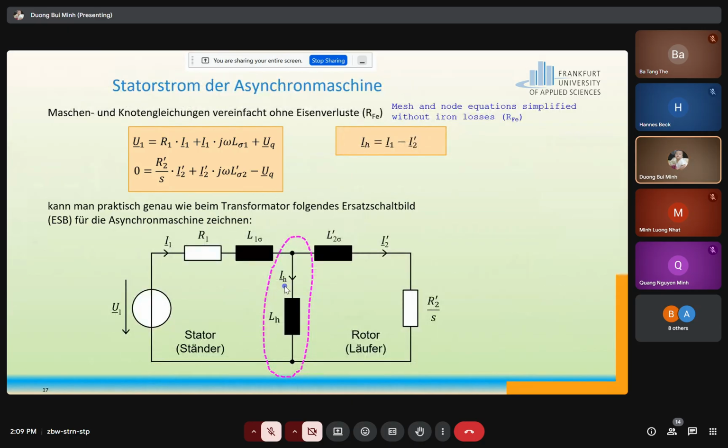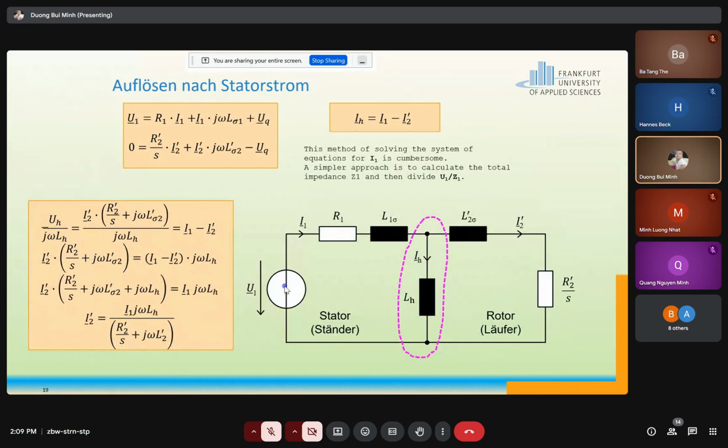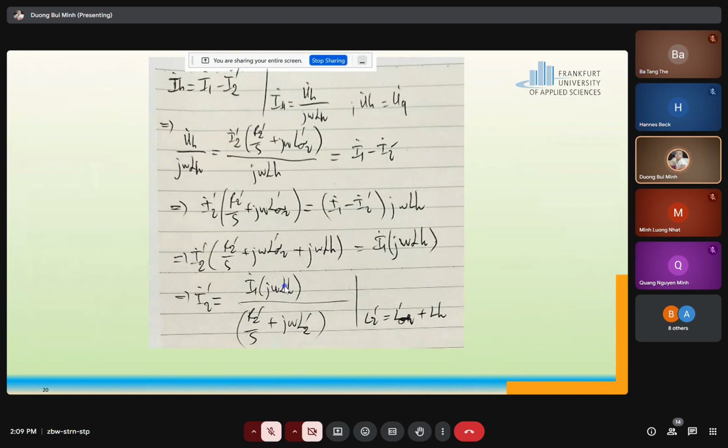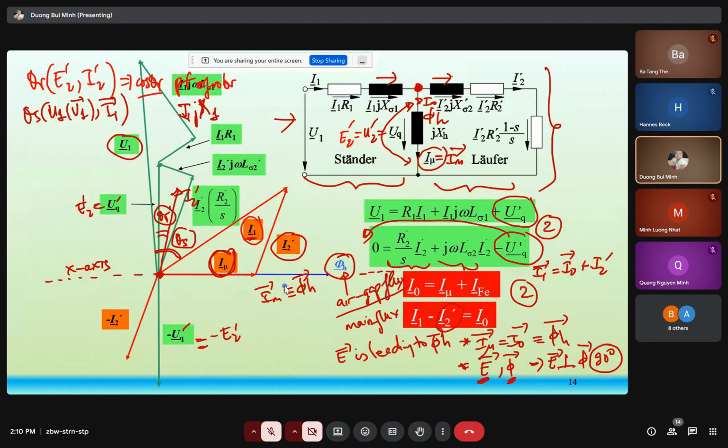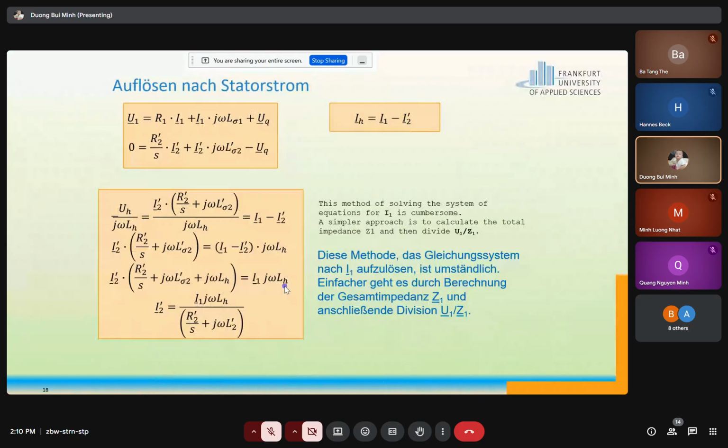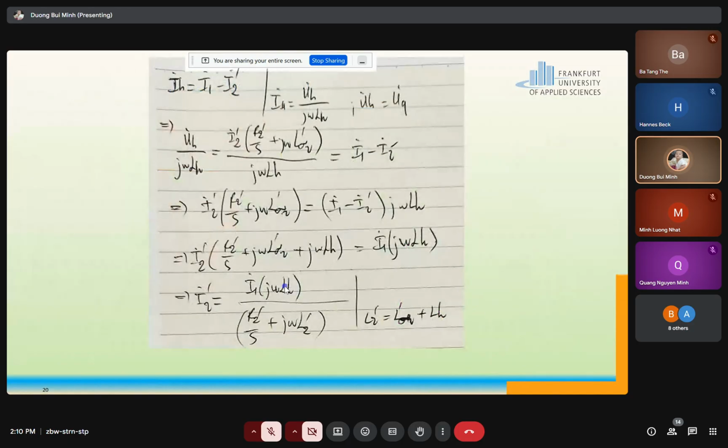Okay, just some modifications of the equivalent circuit. Yes, okay, got it.